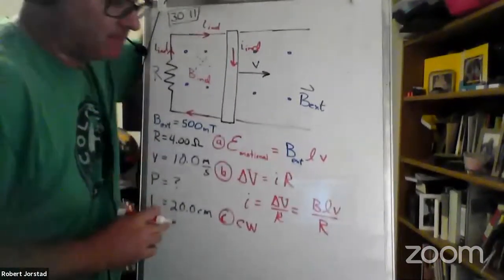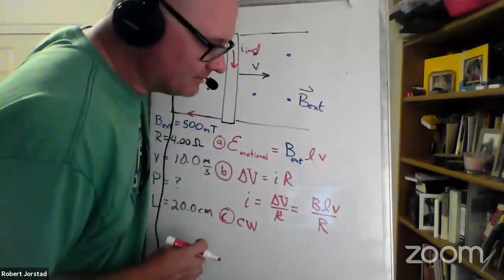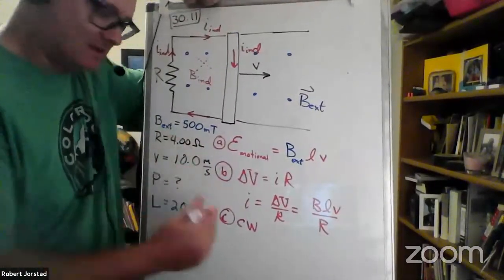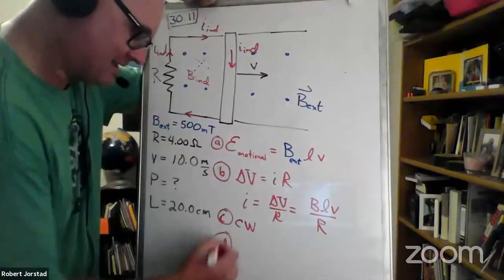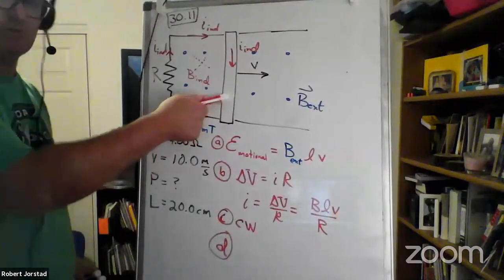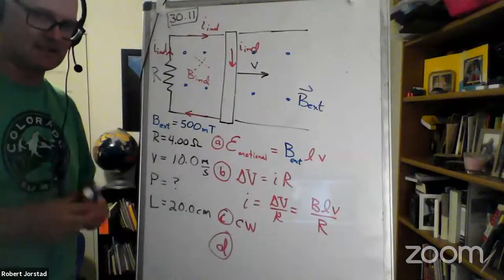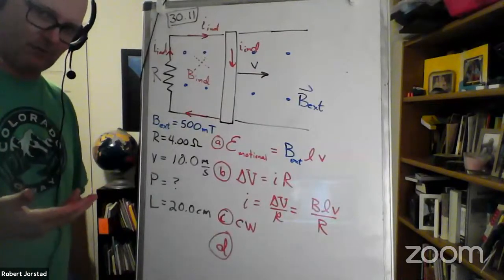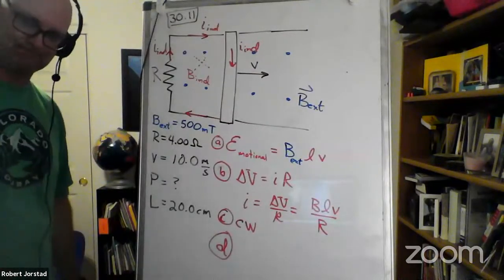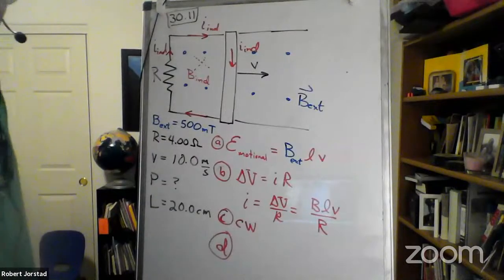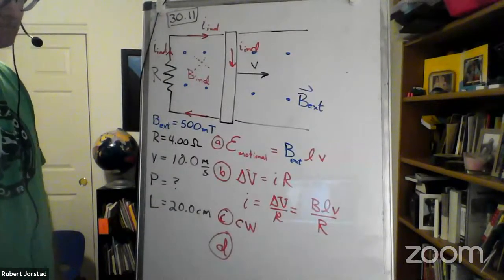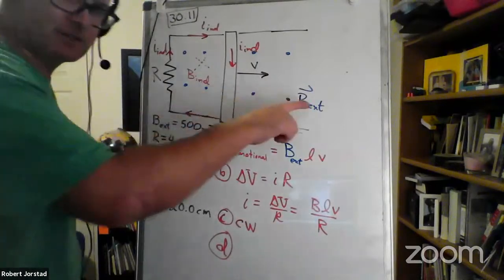Okay, next question. So part D, determine the magnetic force due to that induced current. So there's going to be a force on this wire. If you had to guess, which direction is the magnetic force on the wire going to be? I'm pulling it to the right.